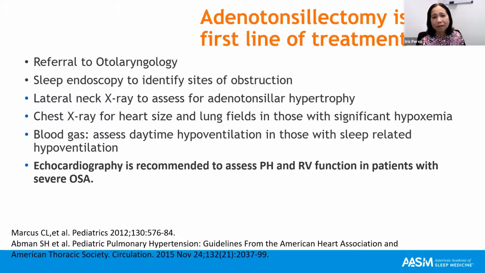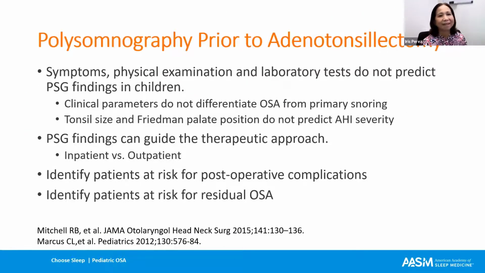In those with sleep-related hypoventilation, a blood gas can be performed to assess their daytime ventilation. And patients with severe OSA should be referred for echocardiography to assess for pulmonary hypertension and right ventricular function.